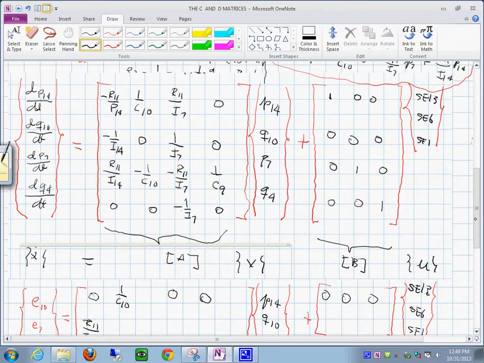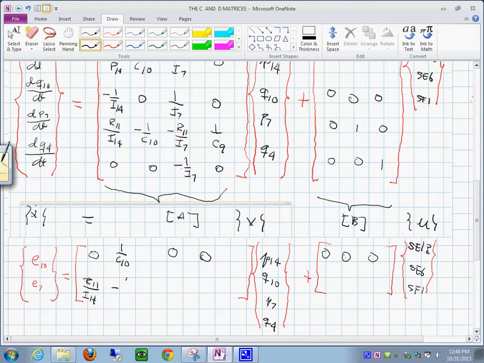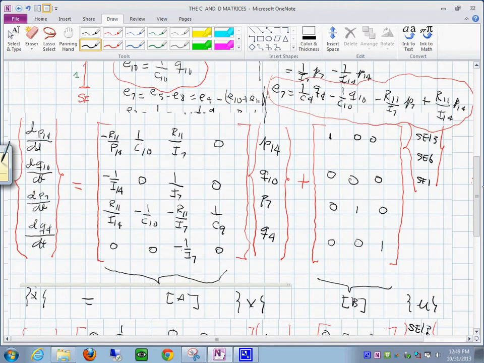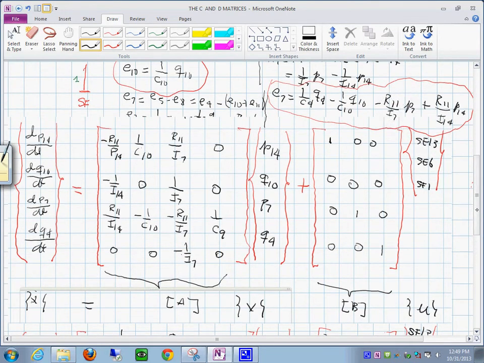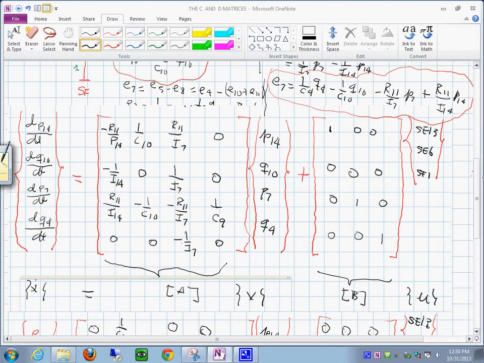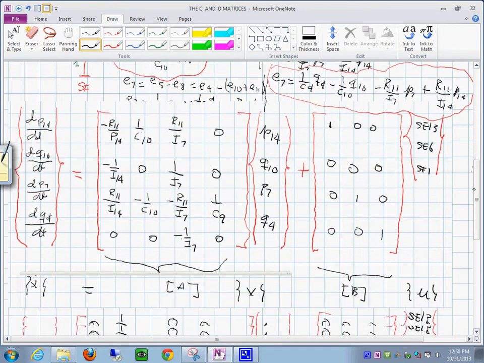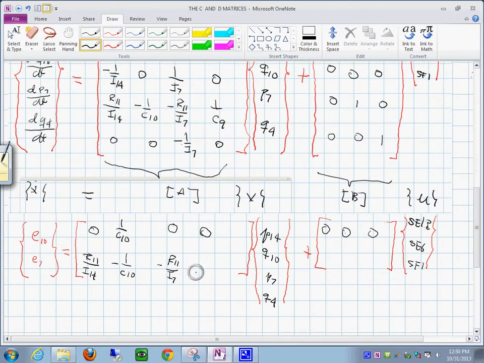Then the term on Q10 is minus 1 over C sub 10, and then the other term is about P sub 7, right here, minus R11 over I7, and then you have Q sub 4, which is this one, 1 over C sub 4.